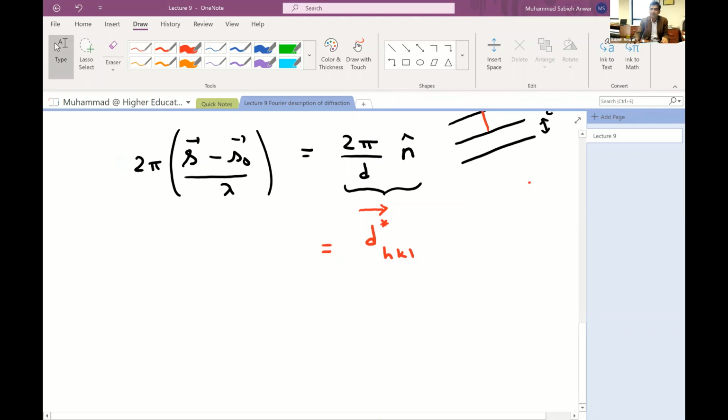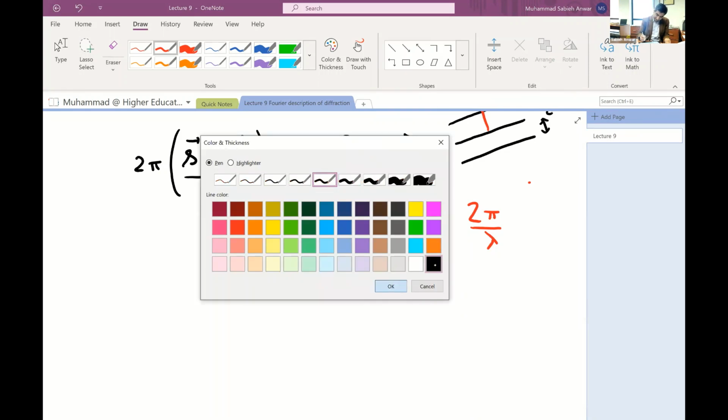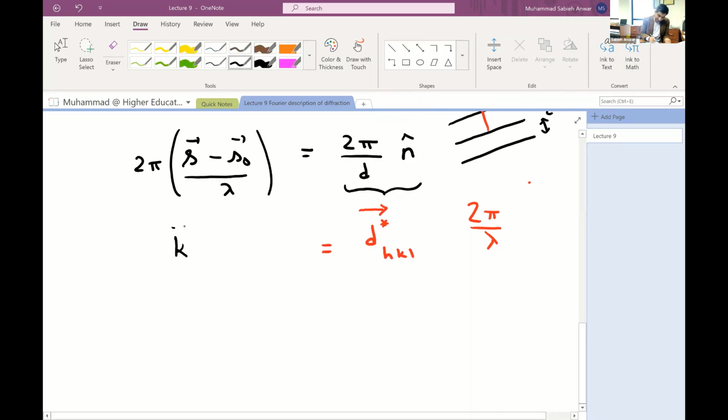Have you ever seen the prefactor of 2 pi over lambda before in the modern physics class or anywhere else, in wave diffraction? It is exactly the wave number, and the wave number can be represented by k. So k minus k naught, where k is defined as 2 pi over lambda times s, and k naught is defined as 2 pi over lambda times s naught. S and s naught, by the way, are simply unit vectors.